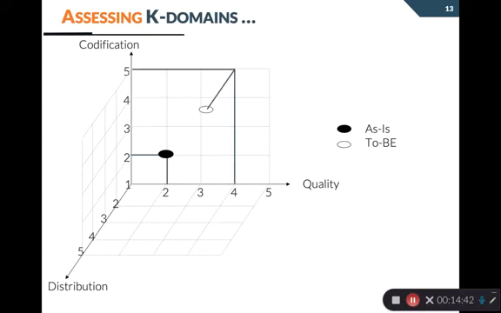The ideal situation might be, for instance, 4 on quality, 5 on the codification, and perhaps 3 on the distribution. And it's important that you make sense of what it means that a knowledge domain is at the moment in a certain position in this space versus being in a different position in the future.